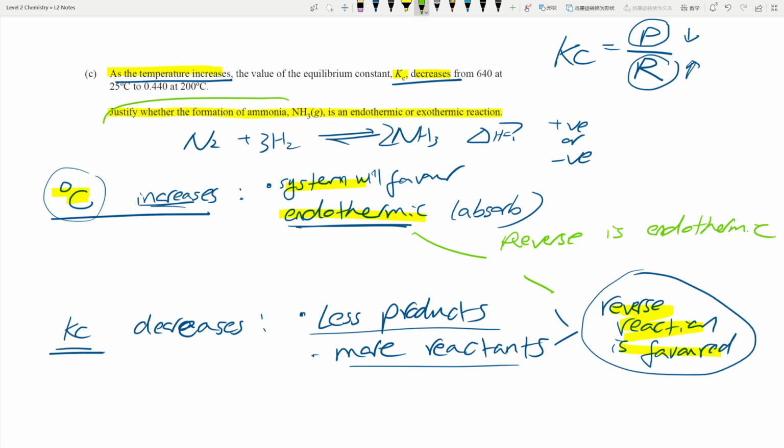The formation of NH3, which is the forward reaction, is going to be exothermic, because the reverse reaction is endothermic, therefore the forward reaction is exothermic. And if you got that, you can expect to get an excellence.